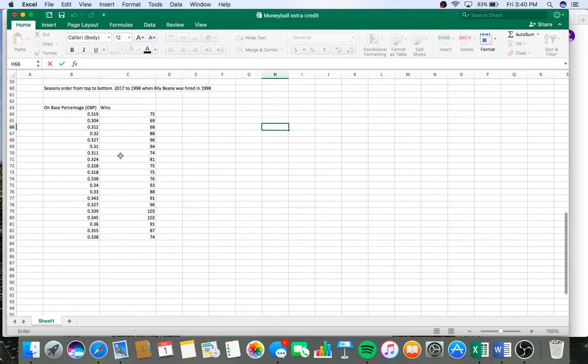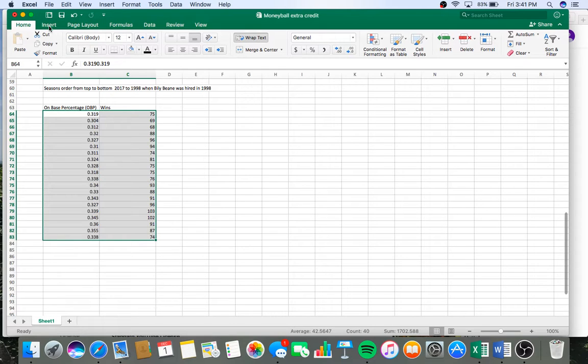And they're ordered in seasons from 2017 to 1998 when Billy Beane was first hired and implemented this type of strategy. And the reasoning for it is that they tried to find a statistic that they could focus on that would be cheaper to achieve. And so yeah, let's put this to the test.